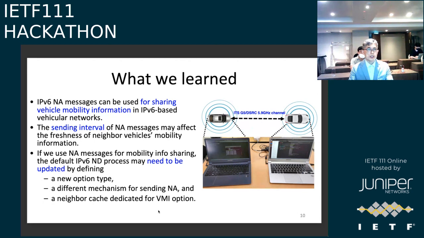We introduced NA message exchange for sharing vehicle mobility information. To support this feature, the existing neighbor discovery process needs to be updated by defining a new option type, a different mechanism for sending neighbor advertisements, and a neighbor cache dedicated to this new option.